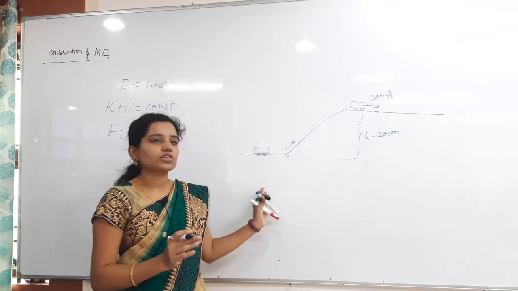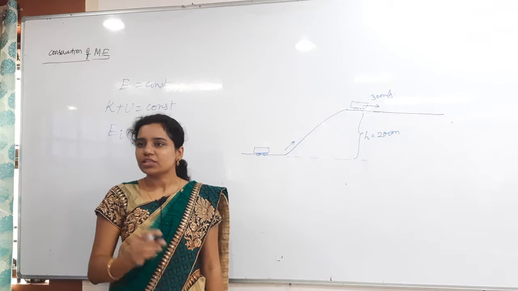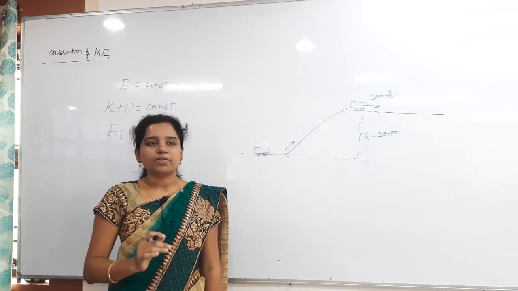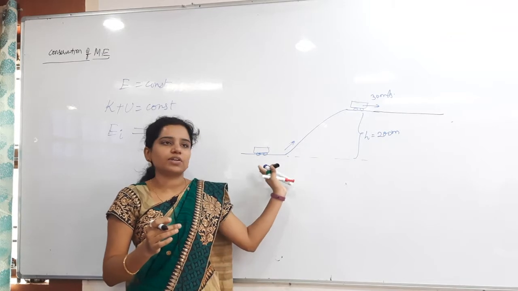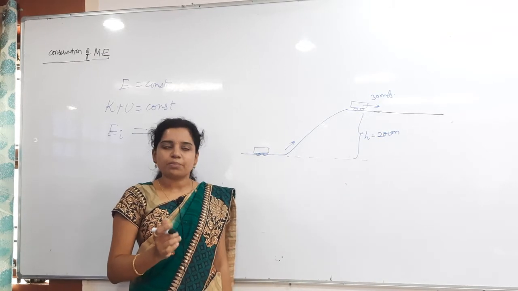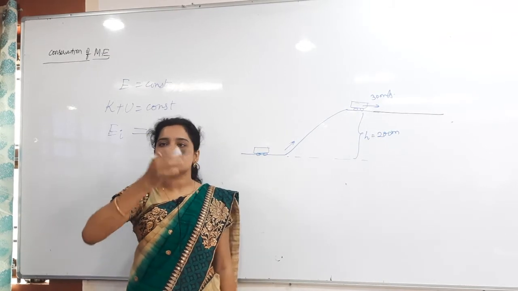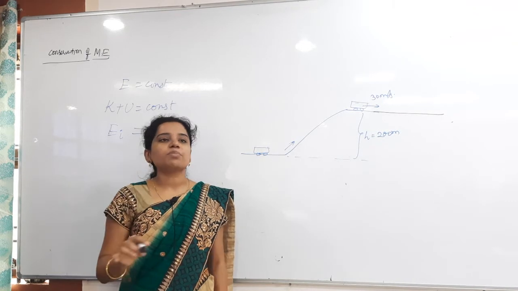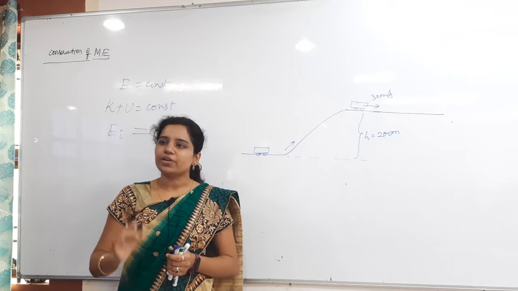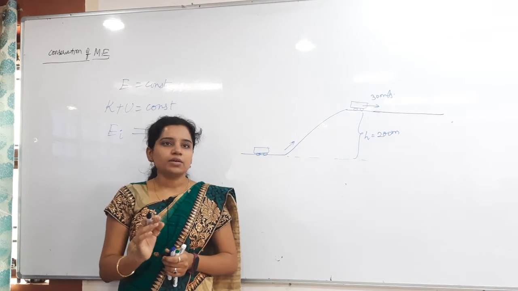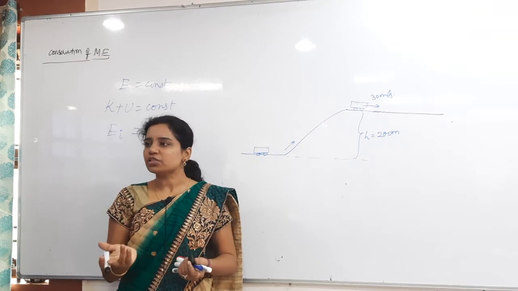So first of all, whenever you are doing problems based on mechanical energy, you always have to consider the zero potential energy level. There is a reference level we have to consider. With that reference only you will calculate. For this problem the zero potential energy level is the ground only. But for some of the problems, for the vertical circle problems, we will consider the potential energy level at different points. That is your wish. Wherever you want you can consider that. But total energy will always be constant.